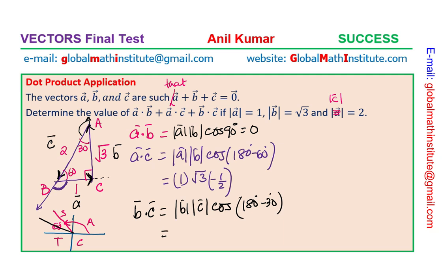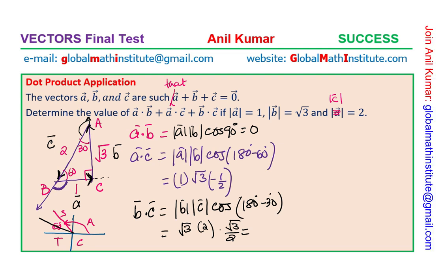So B is square root 3, C is 2, and cos of 30 degrees is square root 3 over 2. So that gives you the answer as 3. But with negative, right? Let me write negative here because you are in quadrant 2. And therefore, this is negative 3.